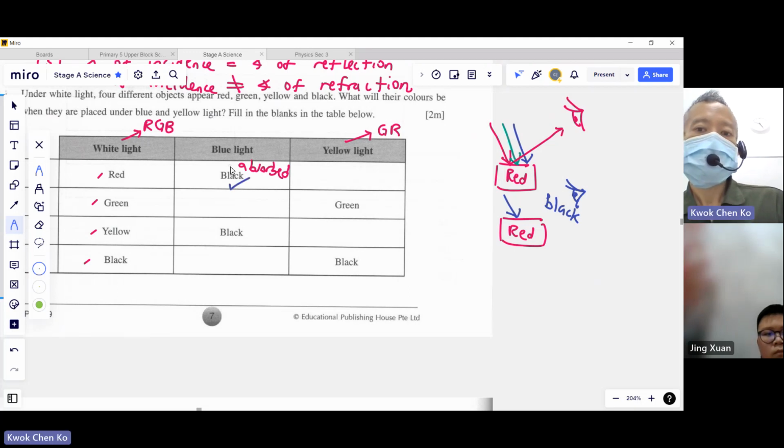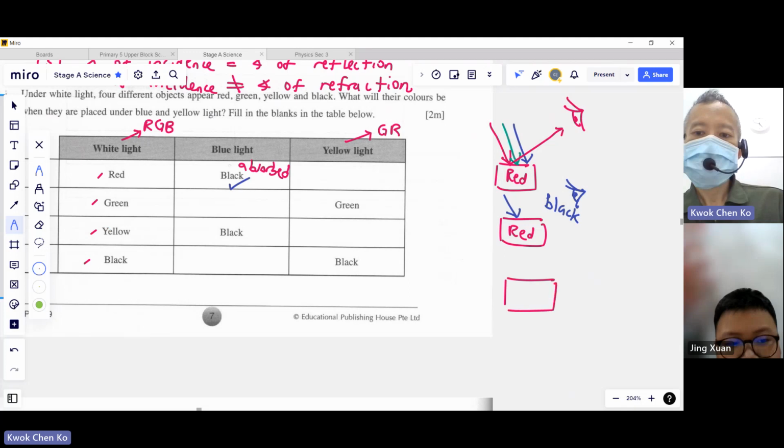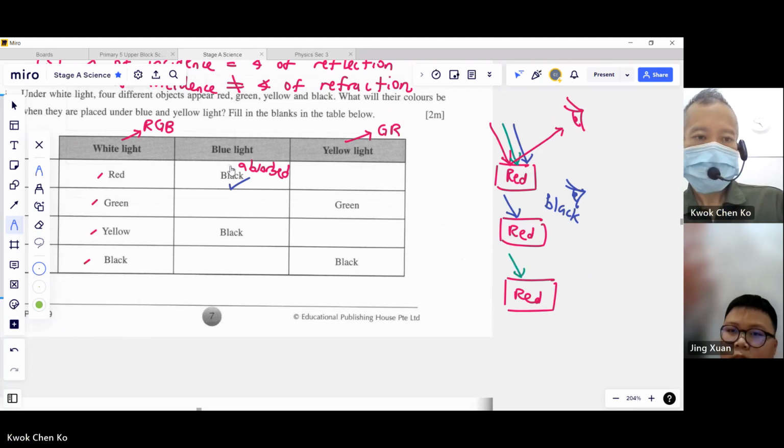But how about yellow? Same thing. I have the same red object. What happens?